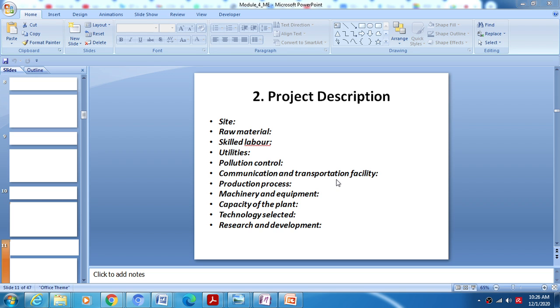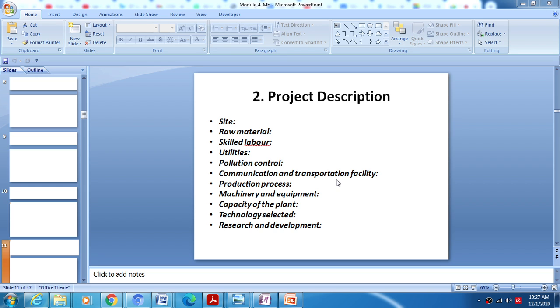So what technology are you trying to implement in your process? And where is it? How are you acquiring it? What is the mode of requirement? All those in detail again have to be mentioned in this project report.